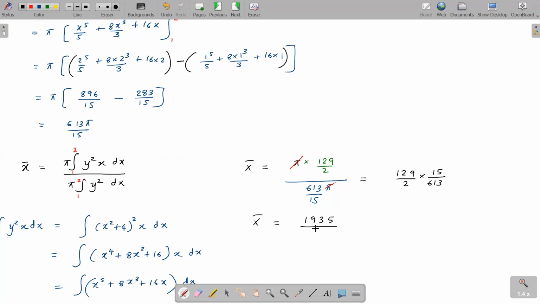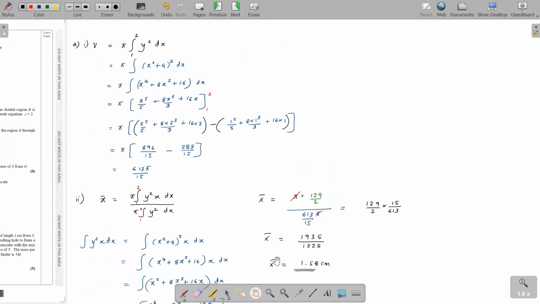How much is the x bar? 1935 over 1226, which when you make it to 3SF is 1.578, so 1.58. What? Centimeters, because they told in the question the units are all measured in centimeters. Okay, is that clear?